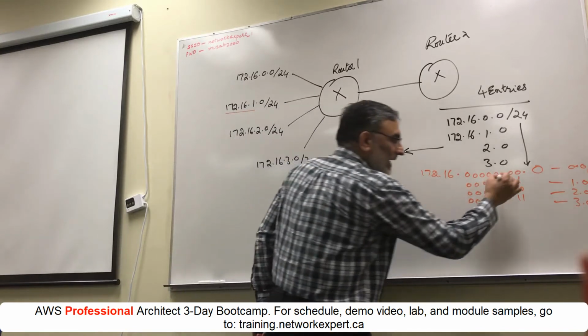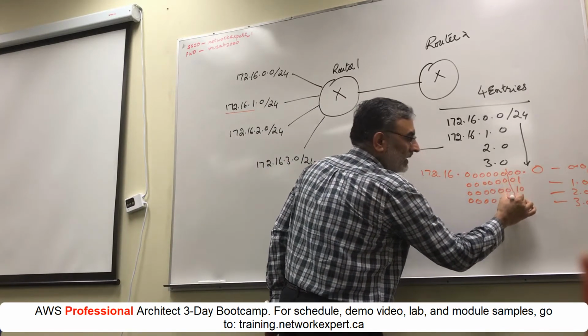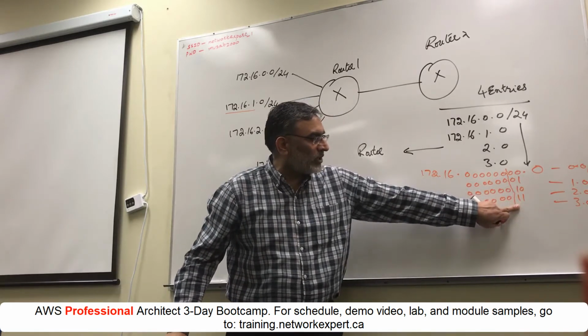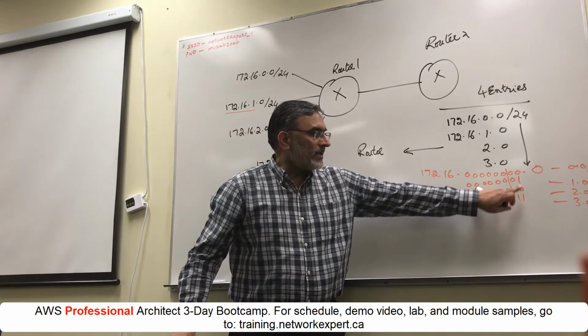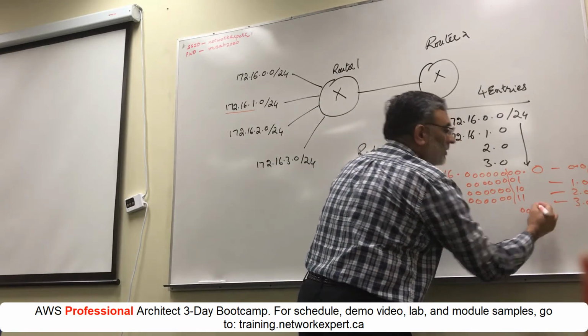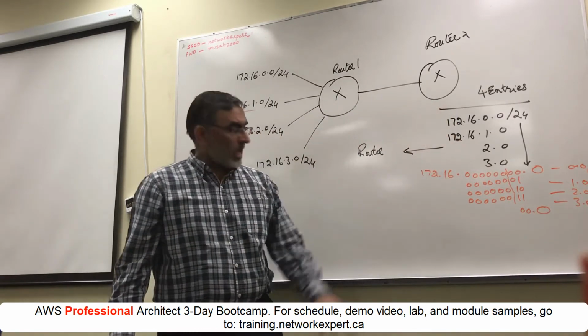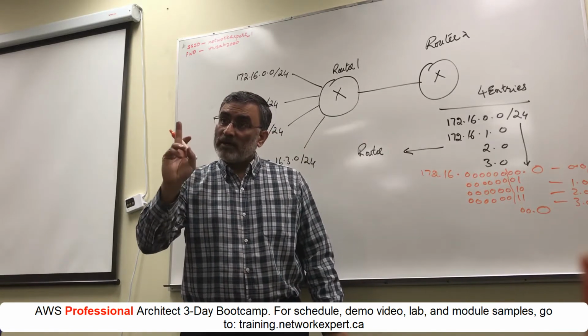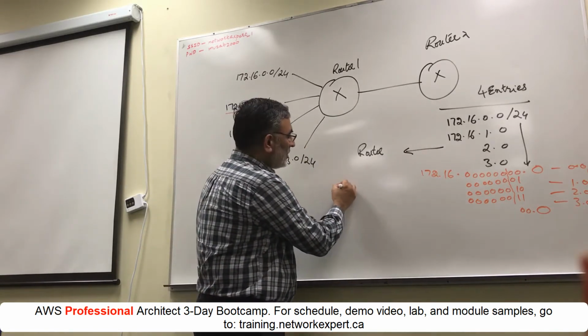So if I'm router 1, see, if I squeeze from 24 to 22, and in the variable bits I put all zeros, I can send one entry to my neighbor.